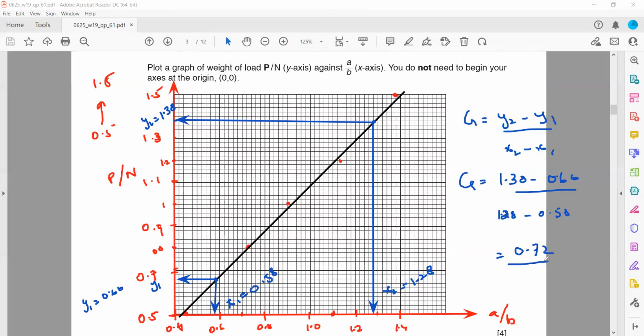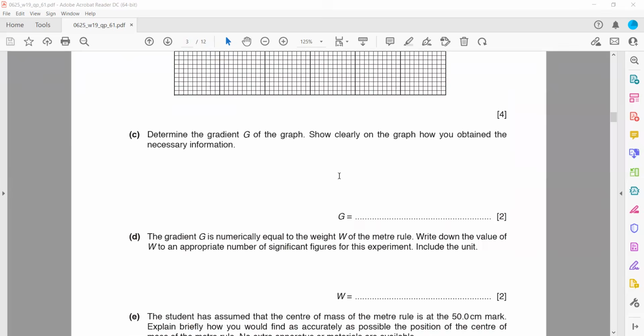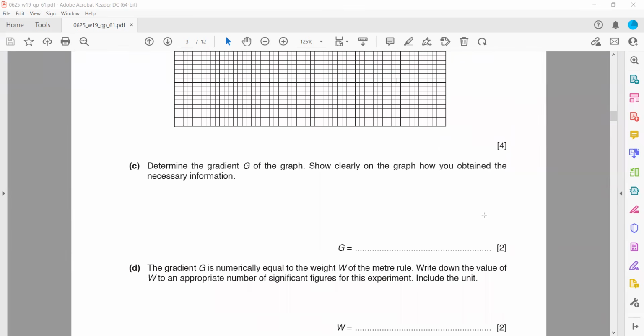And 1.28 minus 0.58, that is equivalent to 0.7. So 0.72 divided by 0.7, so it is approximately 1.02. So 1.02, always try to write your answer in 3 significant figure, 2 to 3 significant. So 1.02 is a gradient of this graph. So when we write here the gradient, that is 1.02.